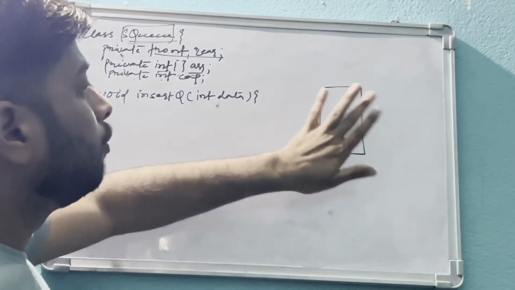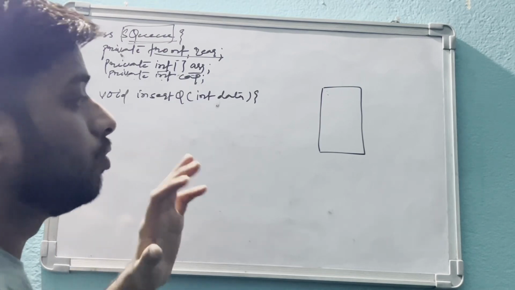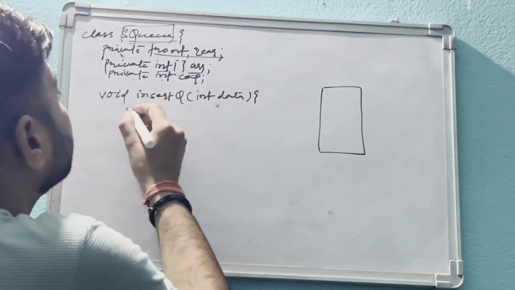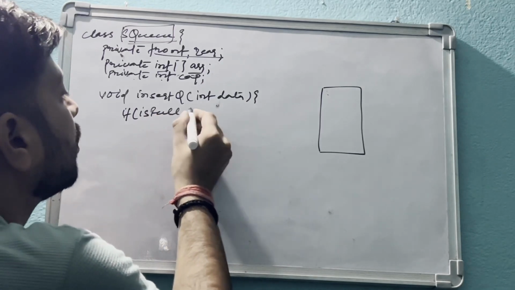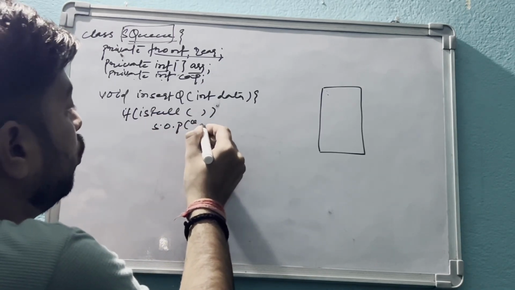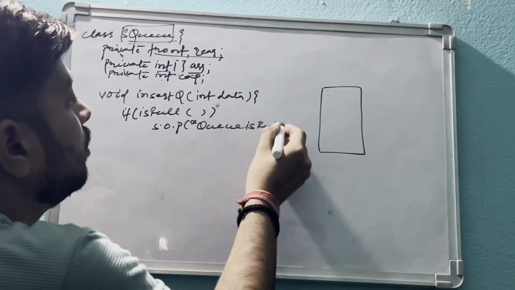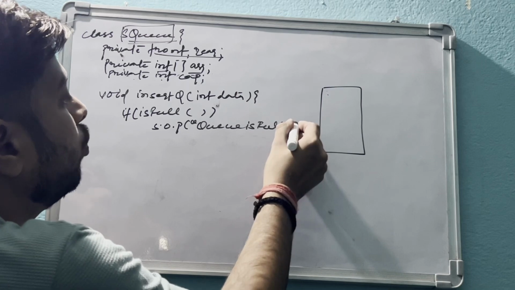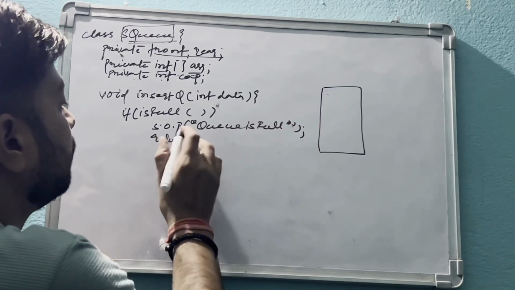If our queue is full, we can no more insert any other person to the queue. So I'll simply check if our queue is full. I'll print out that our queue is full, and I no more can insert an element to the queue, and I'll return from this method.